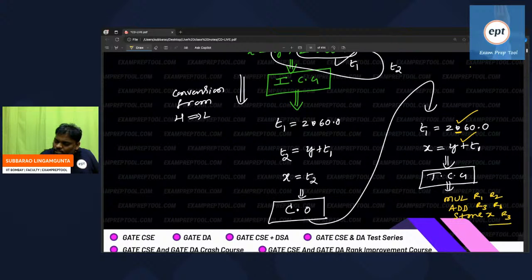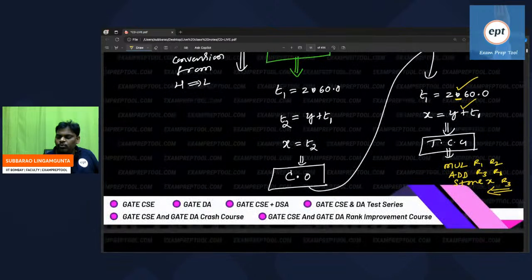Don't worry that much; I have given the answer roughly. The store operation: R3 will be stored in X. I am giving the direction; from book to book it will change anyhow. In the CO course you will see that: store X comma R3. Target code means mapping. Multiplication is there, so mul; addition is there, so add.